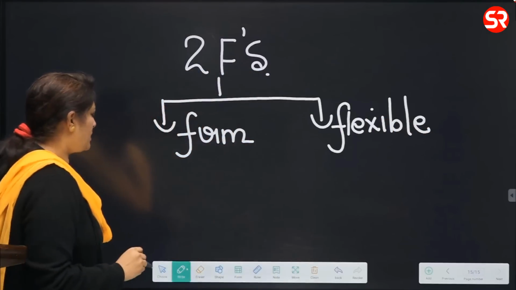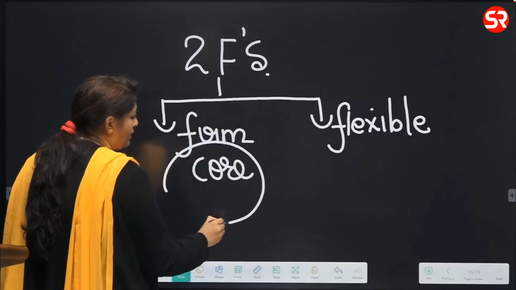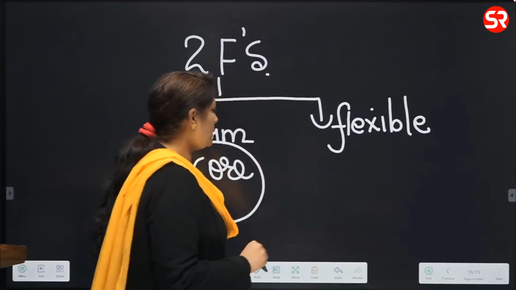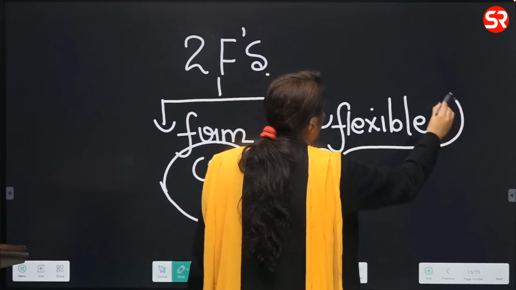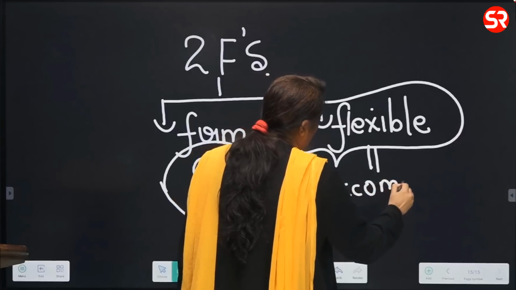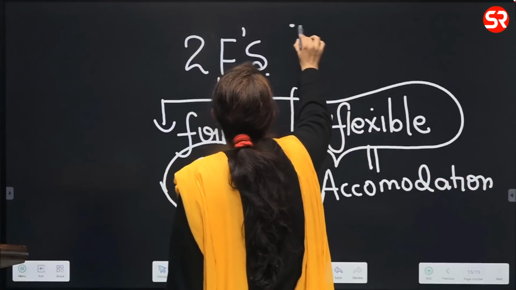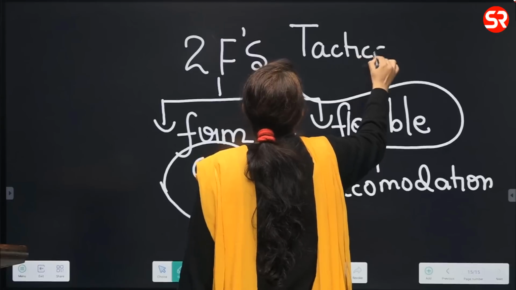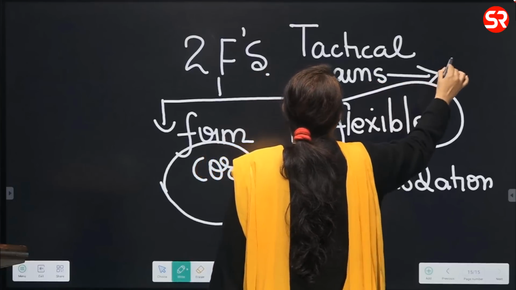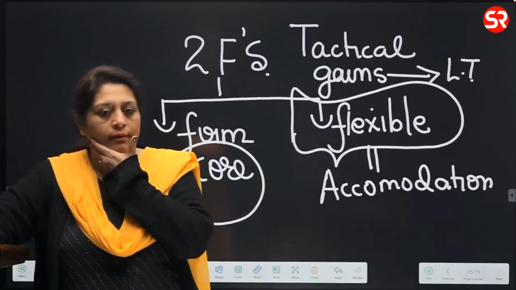So as far as our core interests are concerned, be it Kalapani, be it Kashmir, we have to be firm, but where there is scope, let us have flexibility, let us have accommodation, and instead of thinking about tactical gains, we should focus on the long-term vision. So this was a brief overview.